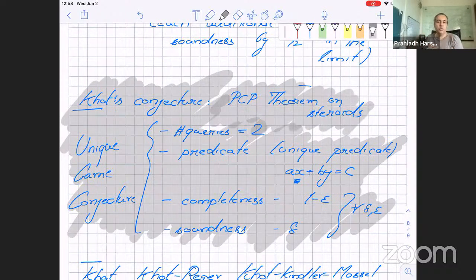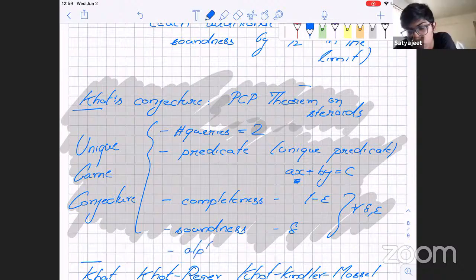The number of queries is 2. The predicate is, by the way, not a Boolean alphabet. So that's a relaxation. The alphabet need not be Boolean. In fact, it will not be Boolean.